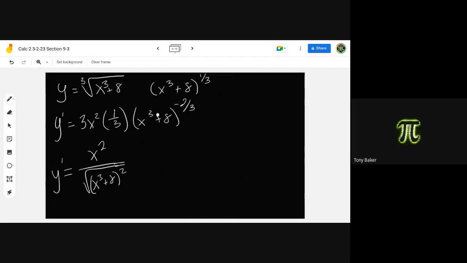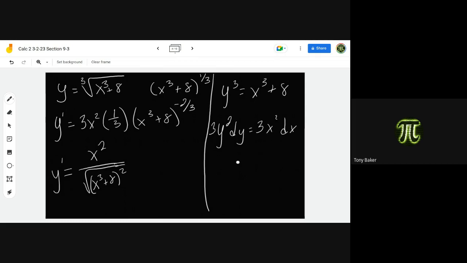Now, if I had taken this and got rid of the cubed root, if I made that y to the 3rd equals x to the 3rd plus 8, and I did the derivative of both sides, that's y squared dy equals 3x squared dx, which brings me back to, if I get the dy over dx on this side, x squared over y squared.